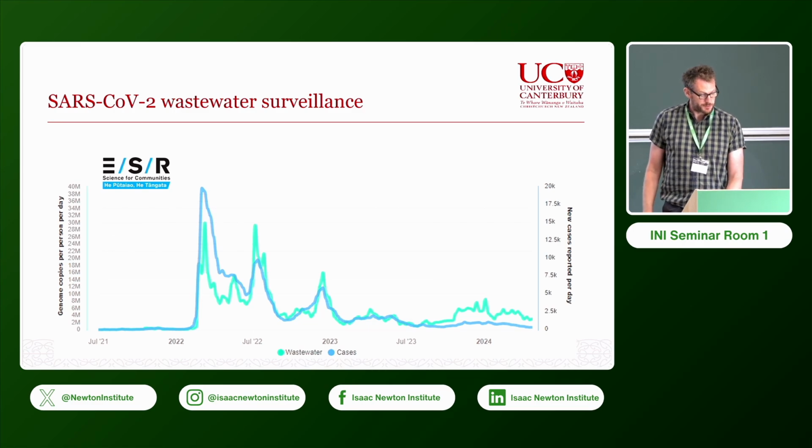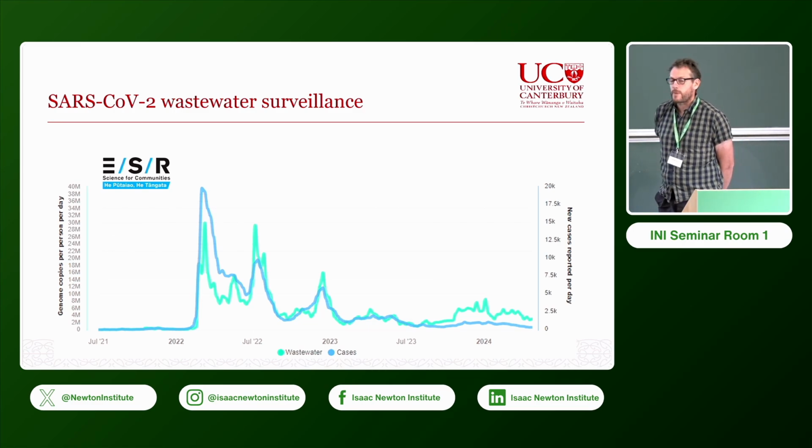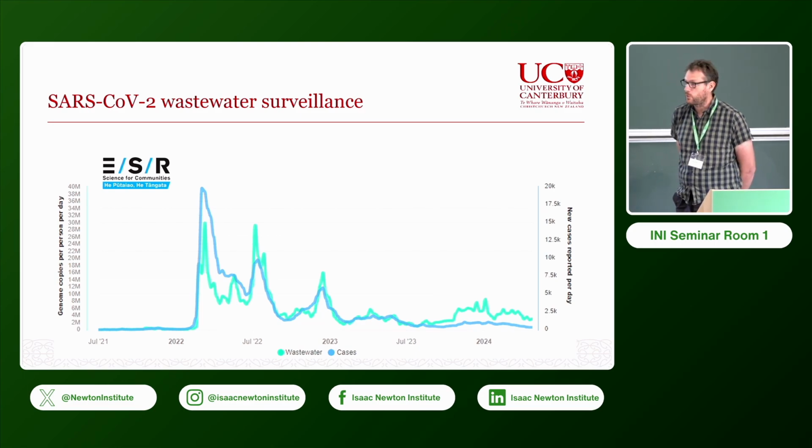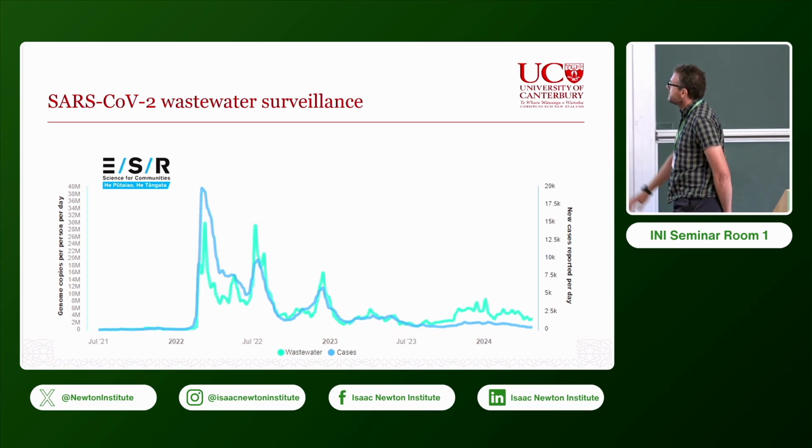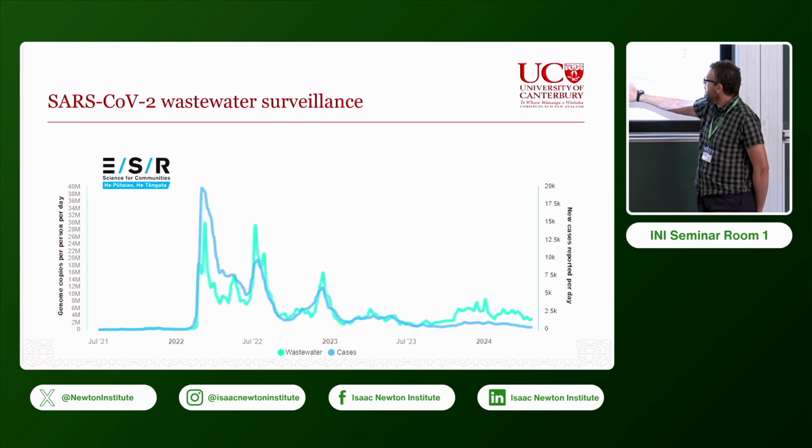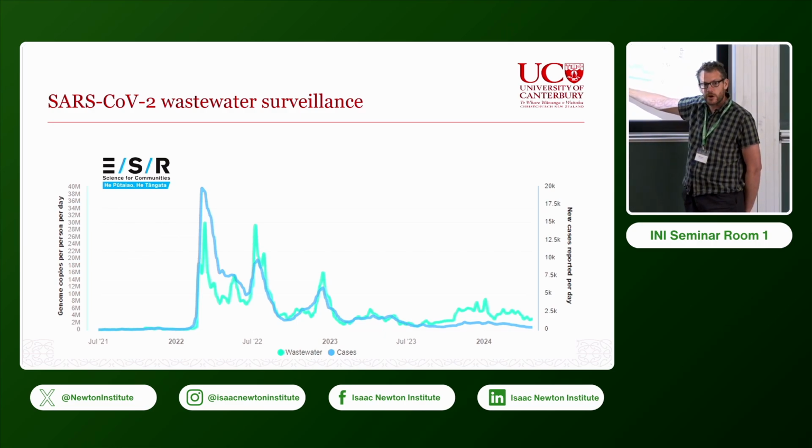Okay, so just moving on to the other model that I wanted to talk about, which we used to do some analysis of the wastewater data. So the green trace here is showing the national estimate for wastewater concentration for SARS-CoV-2.